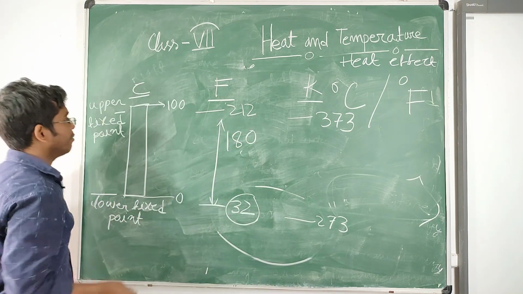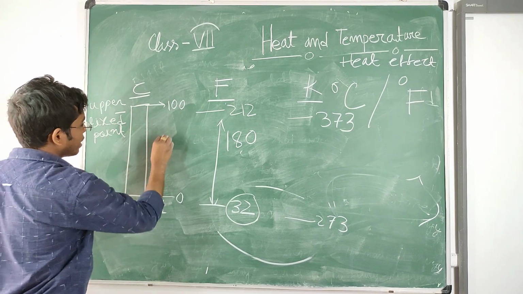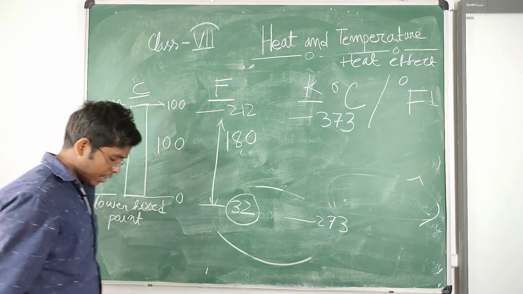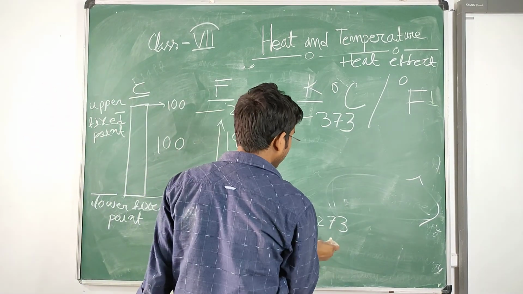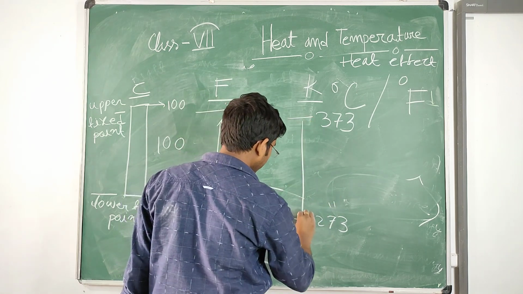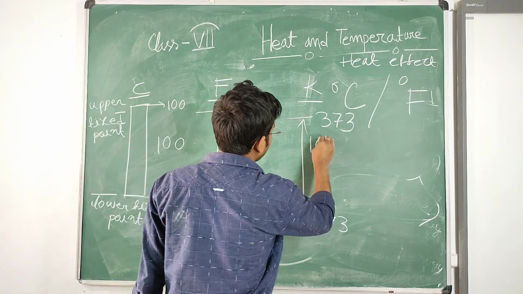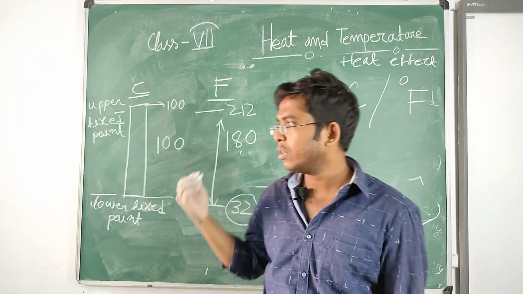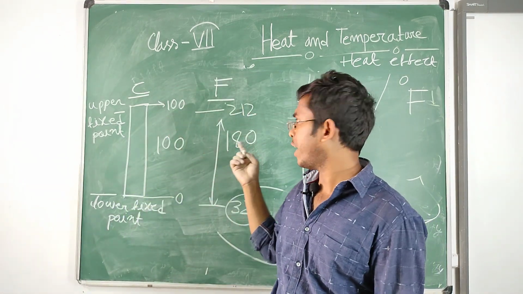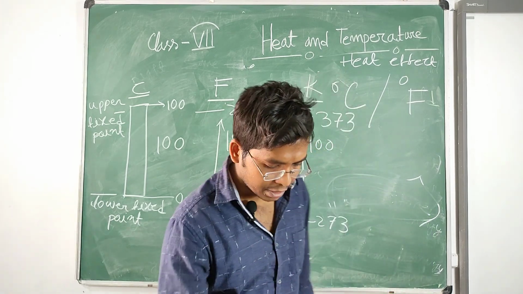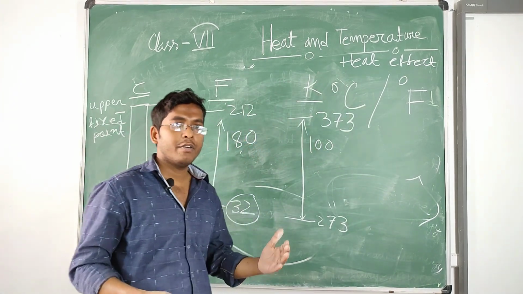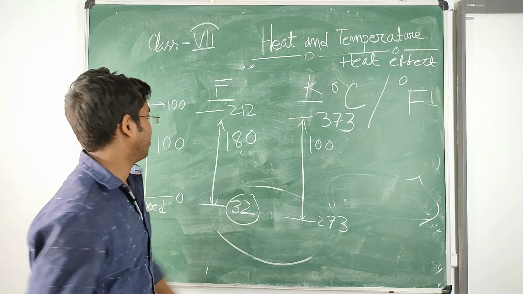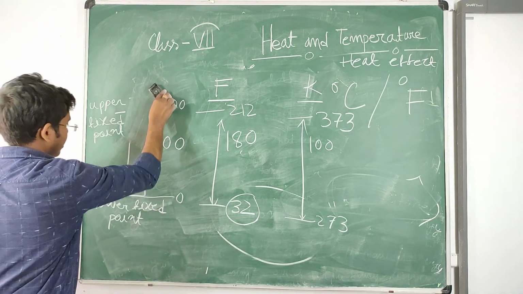For the Celsius scale, the difference between the two fixed points is 100, and for the Kelvin scale, 373 minus 273 is also 100. Now I will connect all the relations between centigrade, Fahrenheit and Kelvin, so that we can convert from one scale to another. Okay, start the relation.